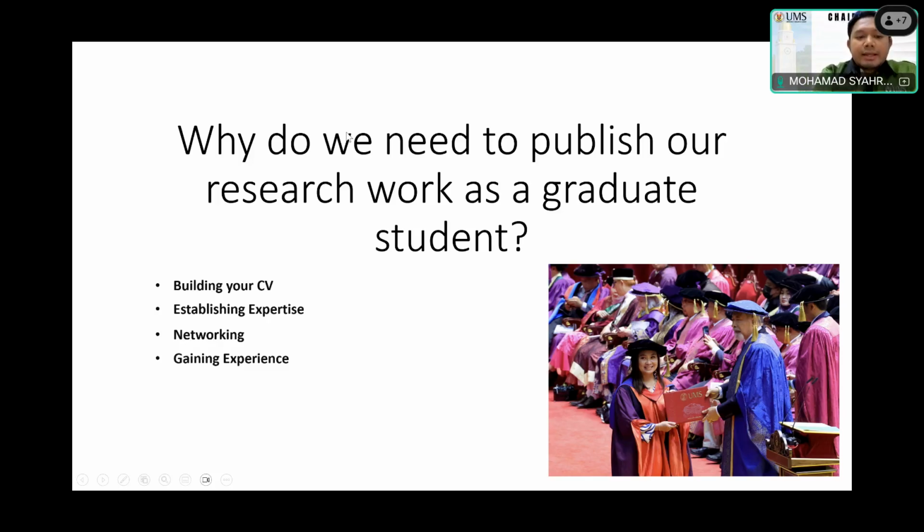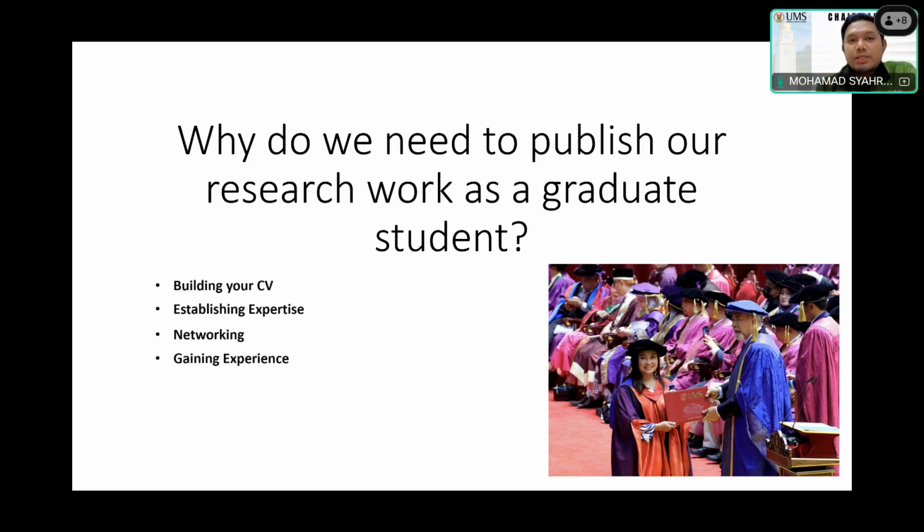And then gaining experience. Yeah, as a graduate student, what differentiates you from a lab assistant? Both of you can collect the data, but in terms of analysis, publication and scholarly work, it is you as a postgraduate student. So gaining experience, you will face rejection.